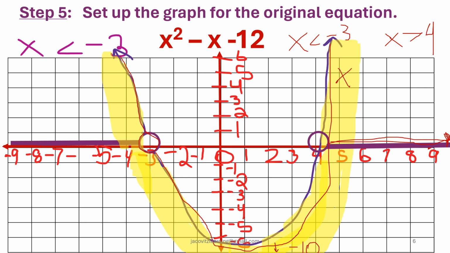X, we had -3 is less than x. I did that the wrong way. X is less than -3, but x is also greater than 4. So this is what this graph is. And you have to make sure you do it. If you had this sign here again, you would go ahead and just bubble this in.